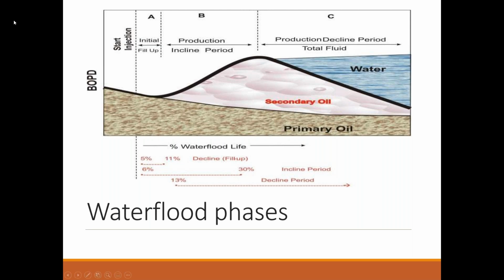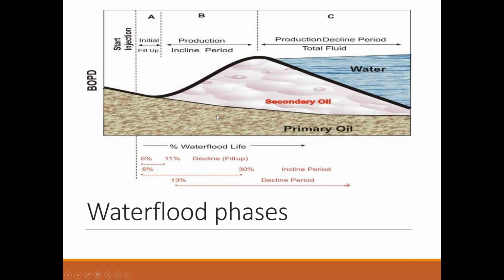And you can see there is a decline in pressure. If there had not been any decline in pressure, this initial fill-up should have been done by natural energy. But now you can see that the reservoir pressure is declining, and the injection has been started at the first dotted line. Part A is the initial fill-up period, and after that there is an increase in production by secondary oil.